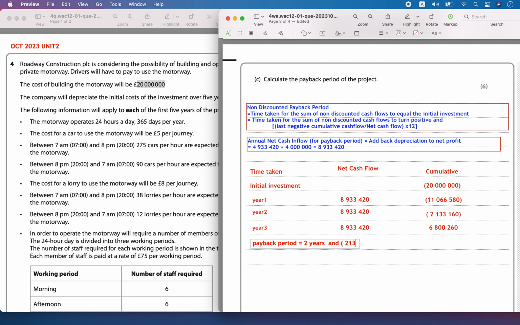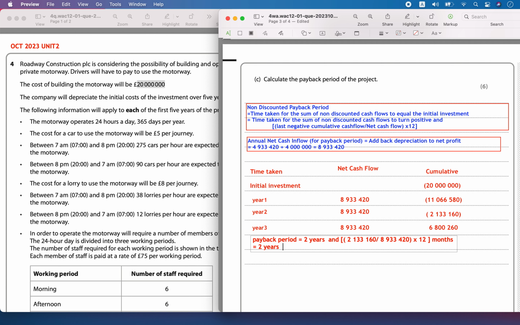You will use the negative value in the last year, 2,133,160, and divide it by the net cash flow, the positive cash flow that was happening, 8,933,420, into 12. So this value is going to give me the remaining months for the payback period.